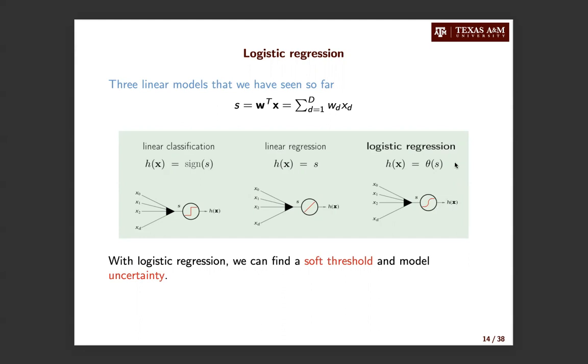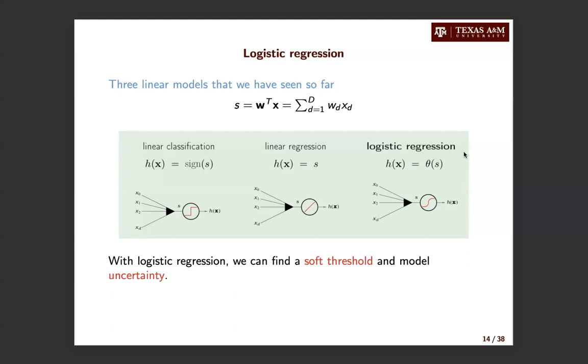Now, the logistic regression, while the name has the term regression in it, is actually a classification algorithm. Instead of having this sign function that performs a hard assignment of each sample to either a positive or a negative class, the outcome of logistic regression will be a probability.